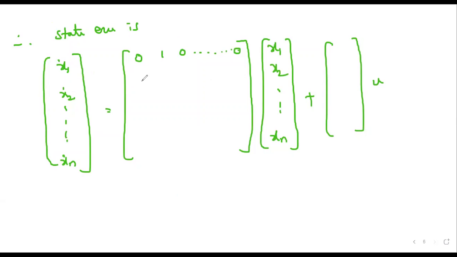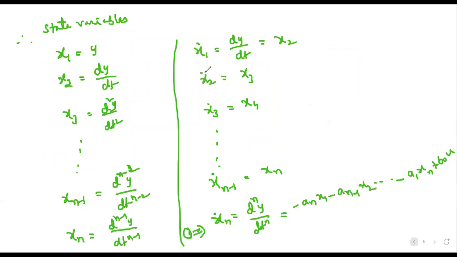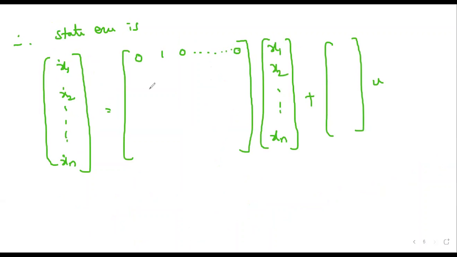So the coefficients: x2 dot is equal to x3 only. So x1 coefficient 0, x2 coefficient 0, x3 coefficient 1, and so on. Next, till 0, and so on.